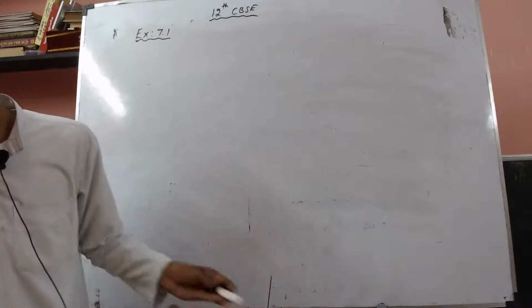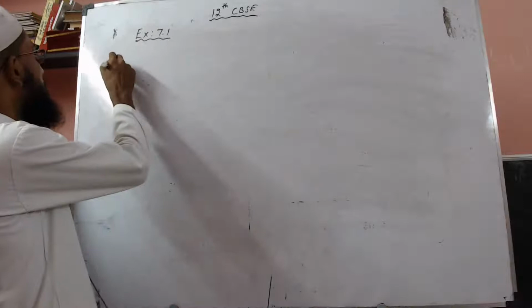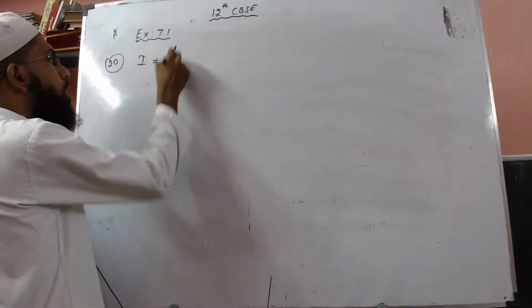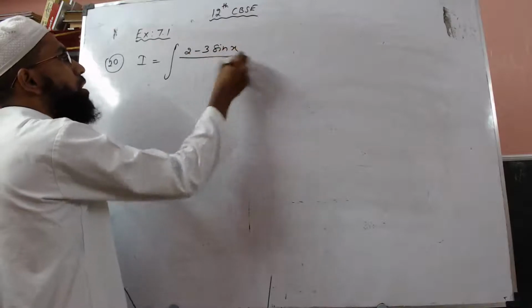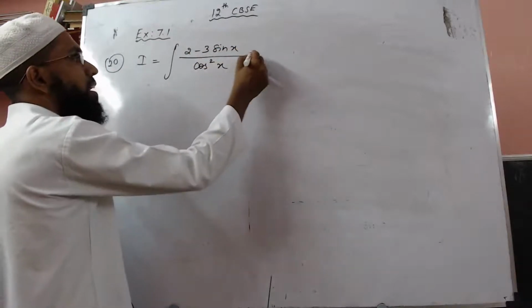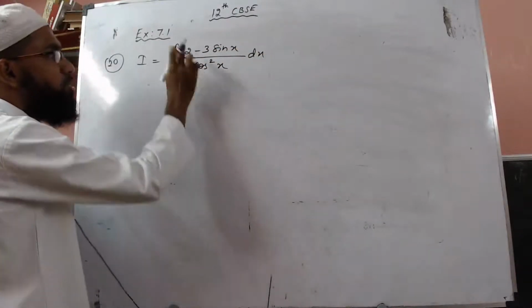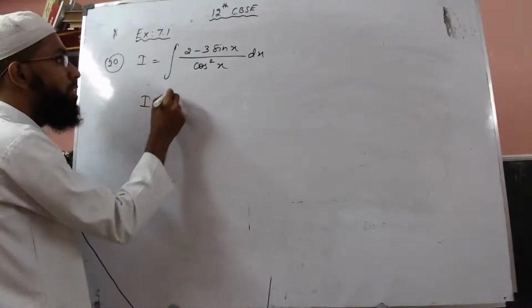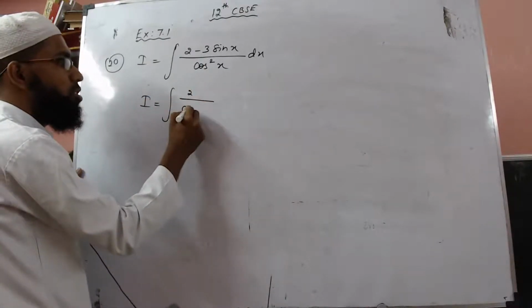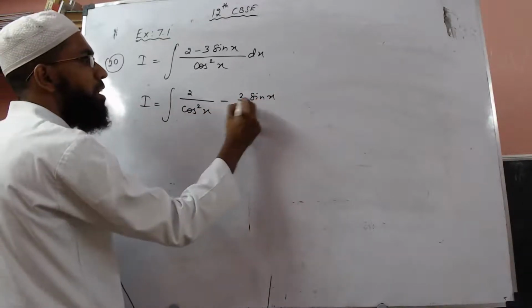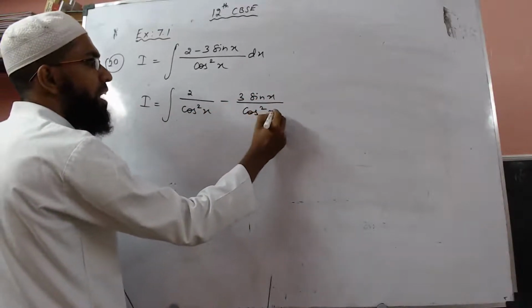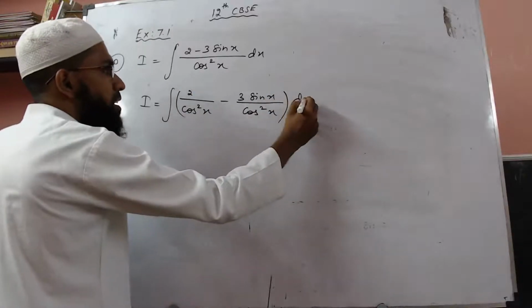Right. So the 20th sum: I equals the integral of (2 minus 3 sin x) by cos square x. Now I can write it as the integral of 2 by cos square x minus 3 sin x by cos square x dx.